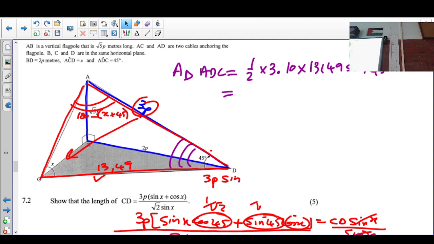That gives us half times 3 times 10 times 30.49 times sine 45. That's 143.11 units squared. Okay.